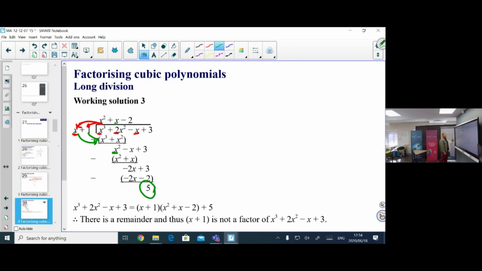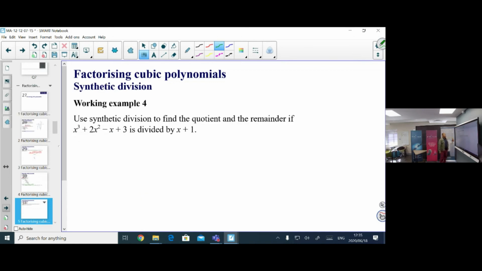And therefore, we can write our expression in the form using the factor that we have just used and the remainder. So that shows us how we can simplify an expression even if it has a remainder. Let's give ourselves a chance to do the same on this question.